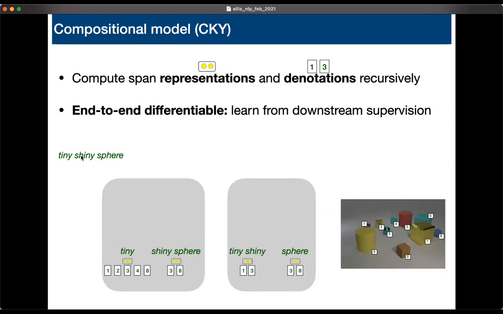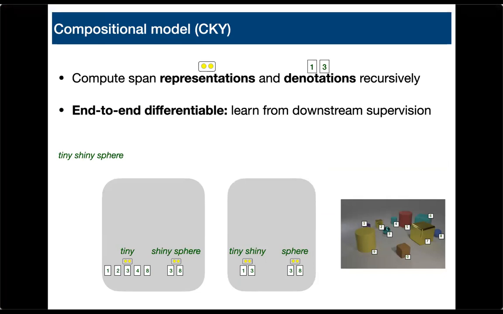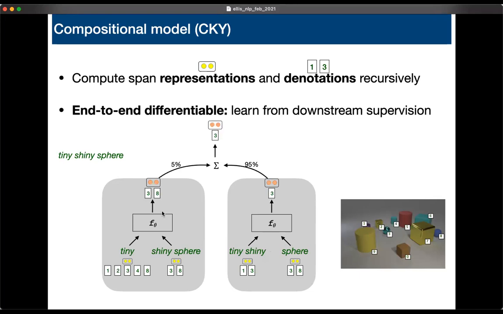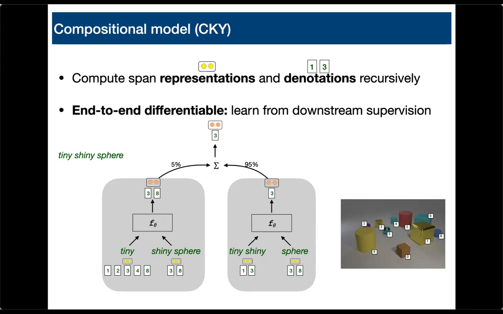For example, to compute this for the phrase tiny shiny sphere, there are two possibilities. Either you compose tiny with shiny sphere, or you compose tiny shiny with sphere. You have some differentiable function that computes that for both cases. In the end, the final denotation will be some weighted average, in order to make this entire process end-to-end differentiable, so we can use the magic of backpropagation and learn good representations.